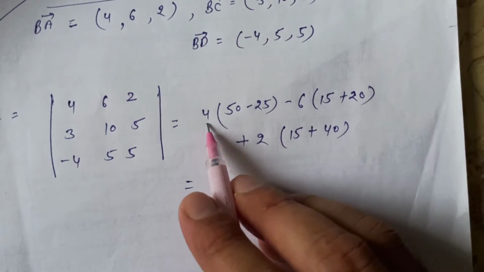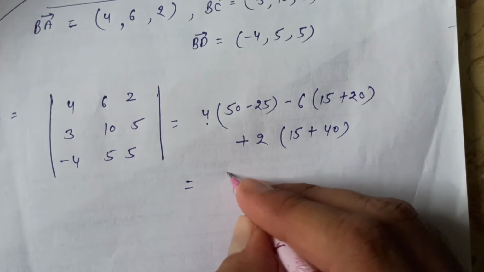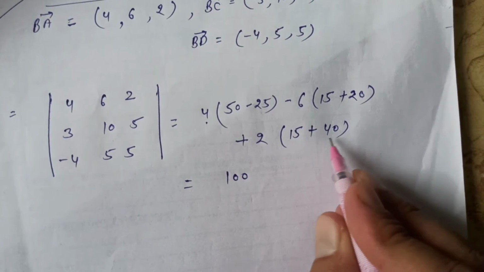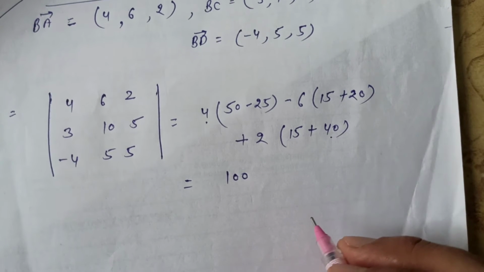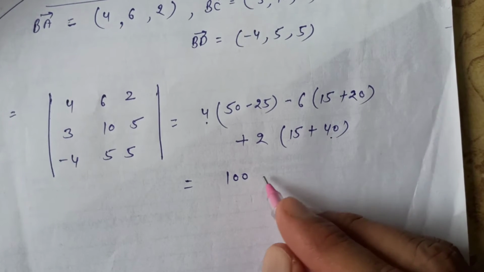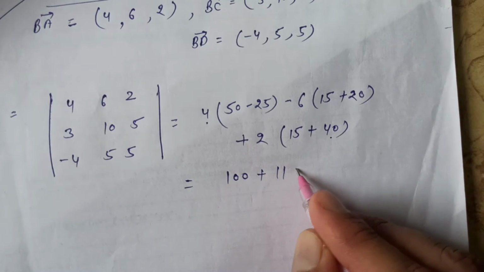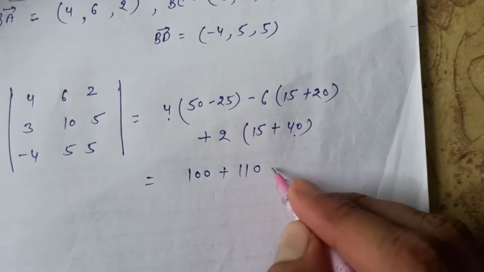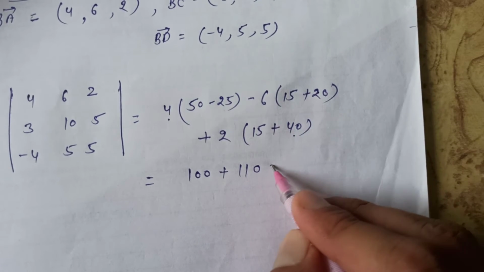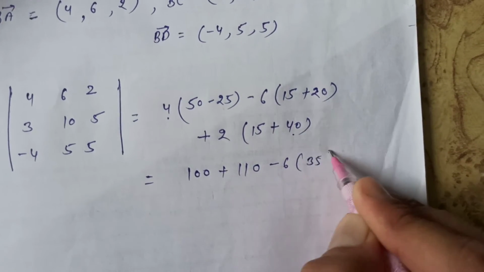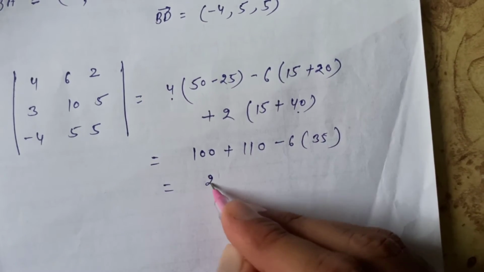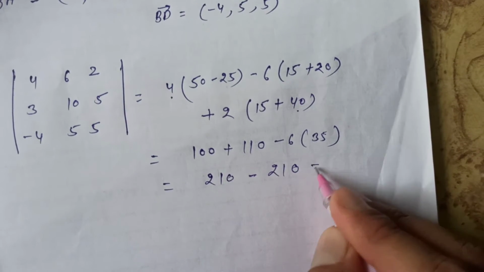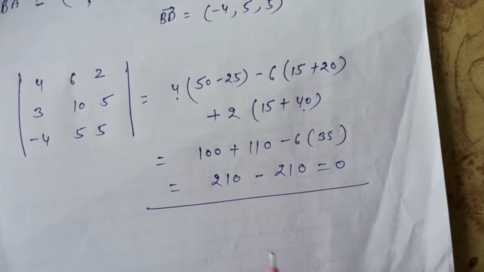So this will be 4 into 25, that is 100, 15 plus 40, that is 55, 55 into 2, that is 110, minus 6 into 35. So this will be 210 minus 210, that is equal to 0.